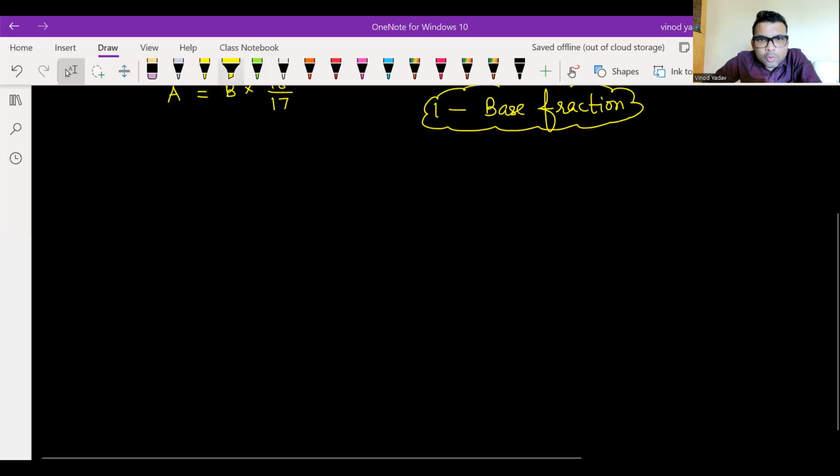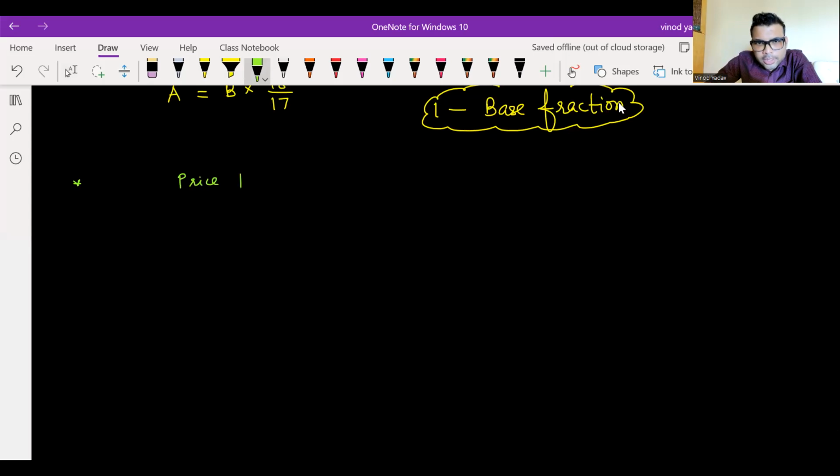Okay. Now, one more way to put that same thing is like this. Suppose price of the petrol, let's say, increased by 20%. So due to widespread opposition, government had to bring it back to old value. So by what percent should the new price be brought down to get the old value back? So let's see this.